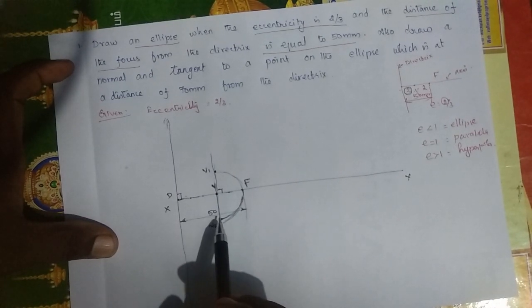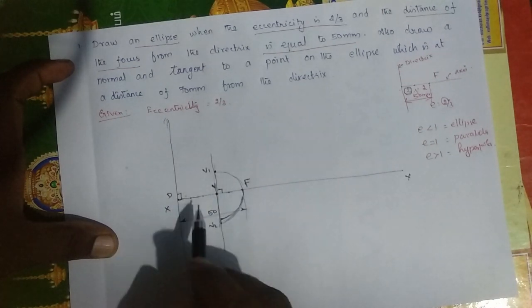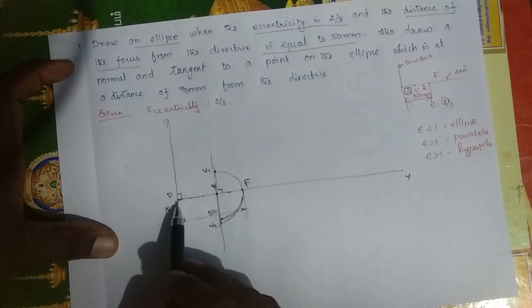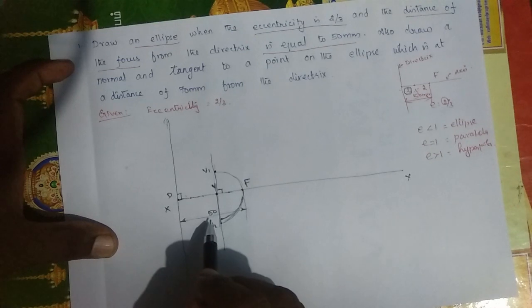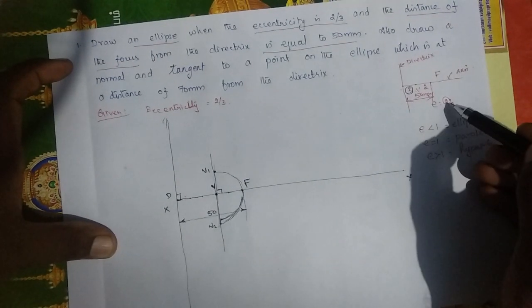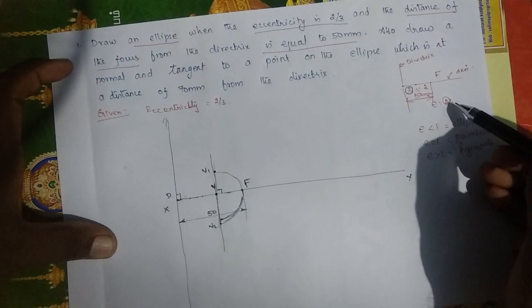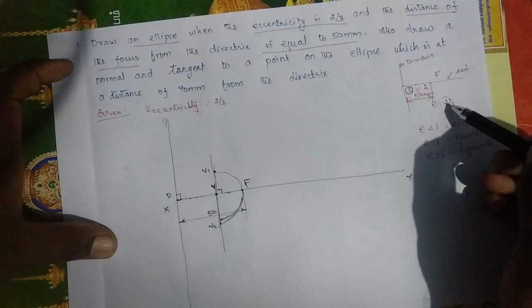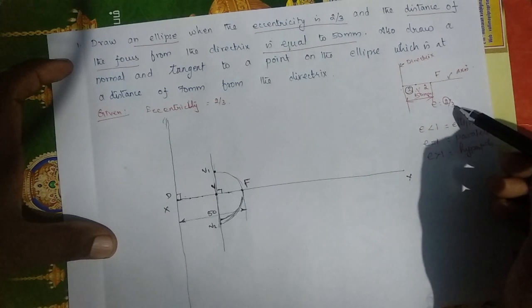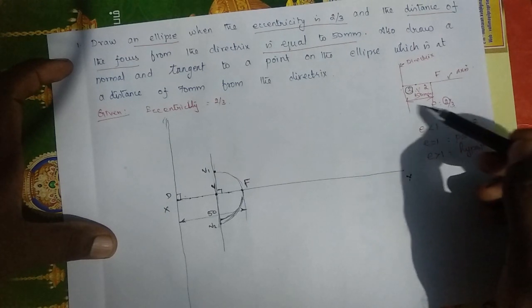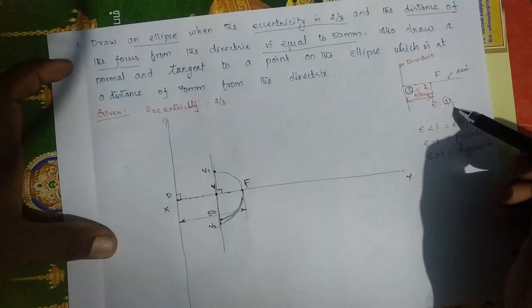So once again I repeat the same. I am taking this distance D to F into 5 parts. Why? Because I have the eccentricity 2 by 3. So the vertex to focus point is the 2 parts, and directrix to the vertex is 3 parts.